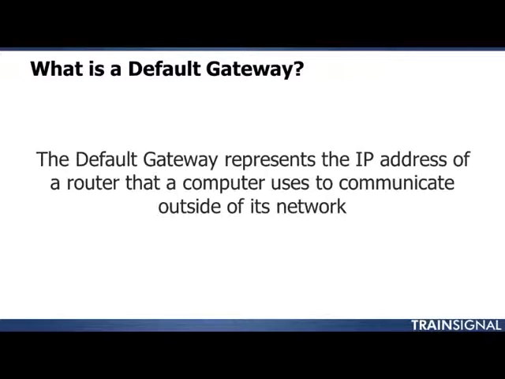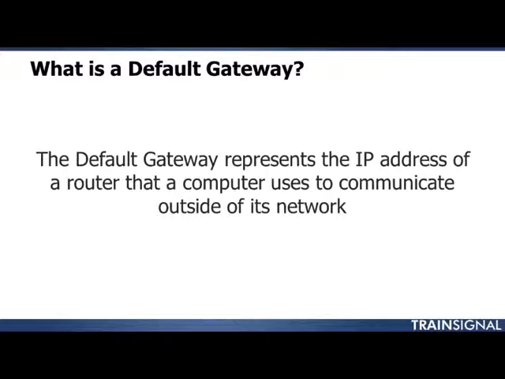The default gateway represents the IP address of a router that the computer will use to communicate outside its network. So the point is, a default gateway is a router. Okay? In other words, when you put a default gateway into your IP configuration, you're giving the IP address of the router that you're going to go to.